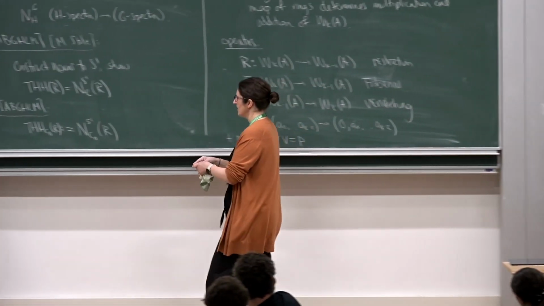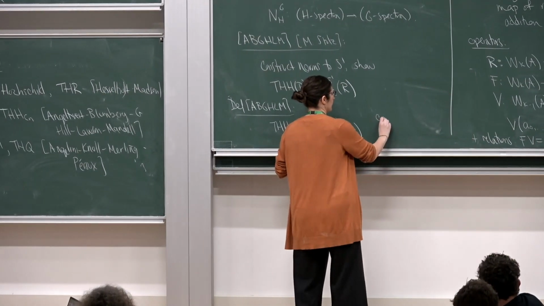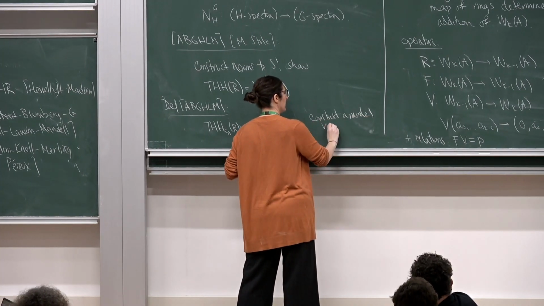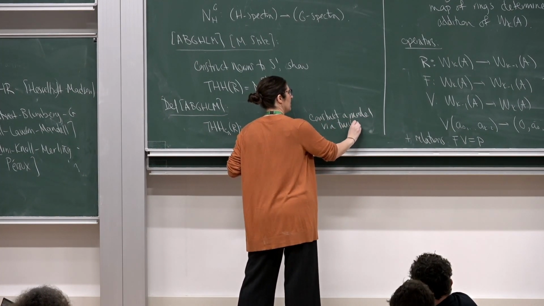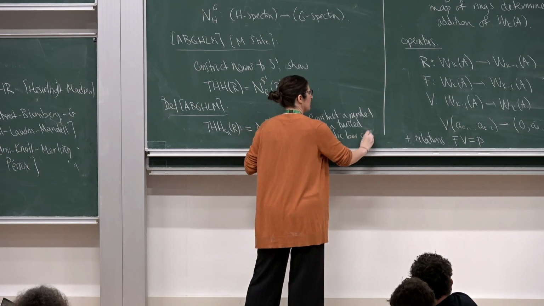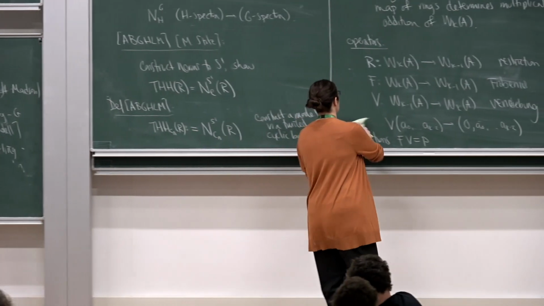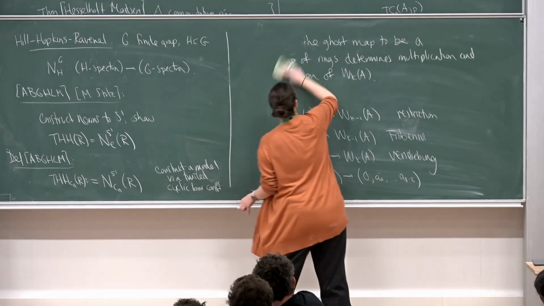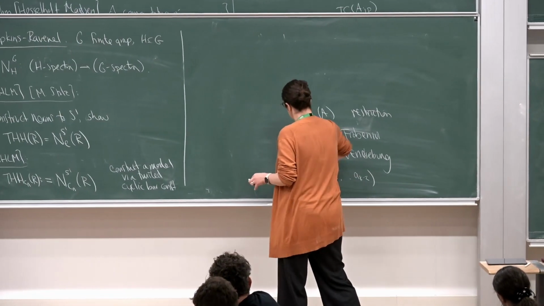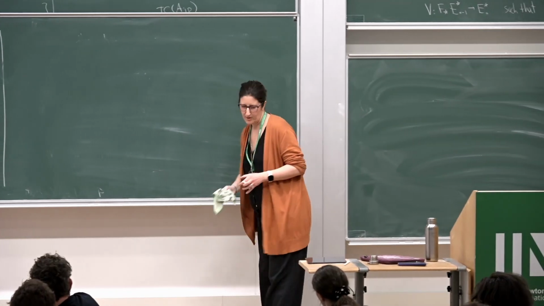To be clear, we construct it explicitly. We construct a model for this norm via a twisted cyclic bar construction, which I don't have time to tell you about today, but I'm happy to talk after if you want to know more about what that looks like. But we can define this twisted topological Hochschild homology.